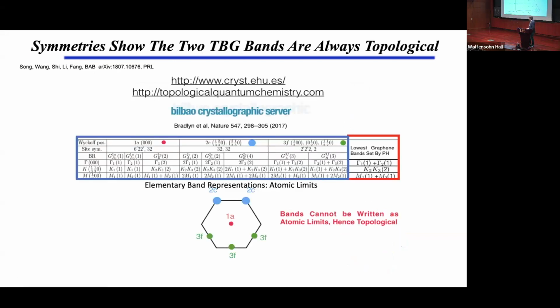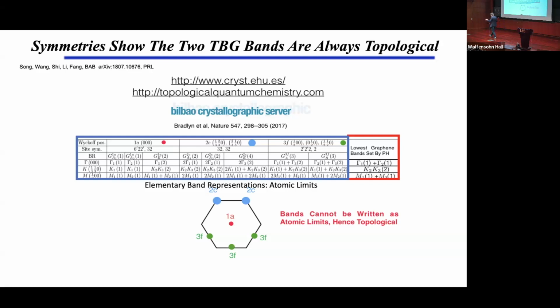And now it's a very simple thing to check the topology. By now there's a lot of theory behind this, but by now this is, again, tabulated. So you go to the Bilbao Crystallographic Server and you check that the server has all the atomic limits, i.e. all the localized orbitals.